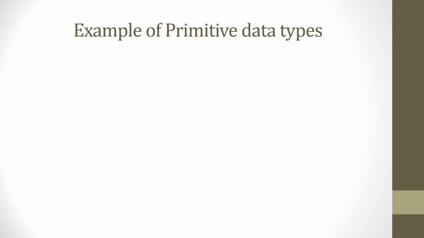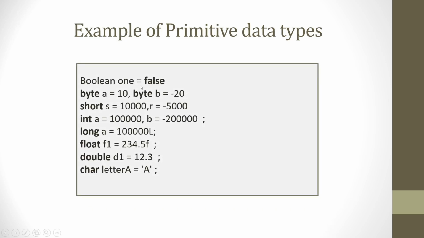Now let's see some examples of primitive data types. You can see boolean one = false, byte a = 10, byte b = -20, short s = 10000, r = -5000. They all differ only in size. int a = 1 lakh, b = -2 lakhs, long l, where you can see L is appended, float f with some precision, f, and double.